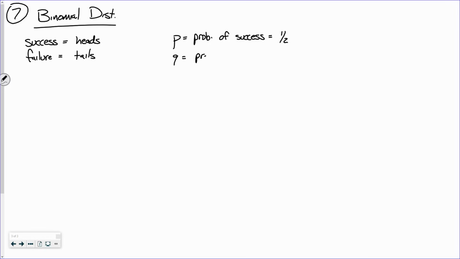The probability of failure, which is also 1/2. Make sense? Okay. Now what's N? How many trials are there in this problem? There you go.